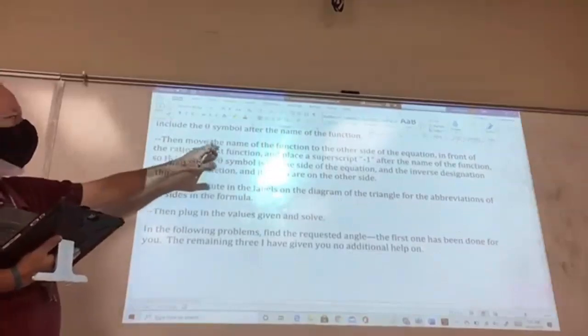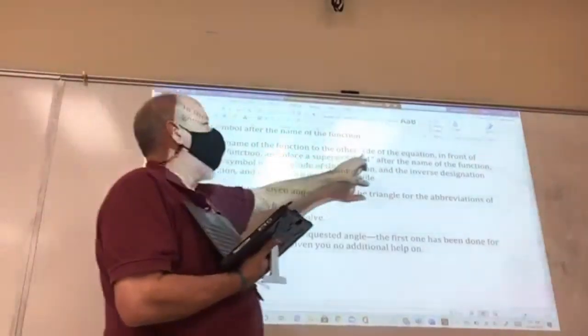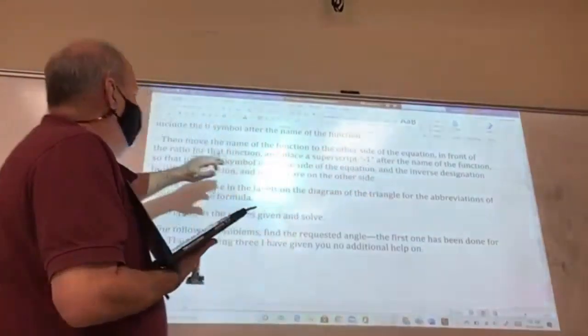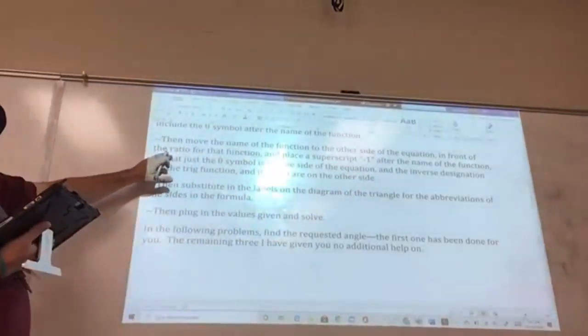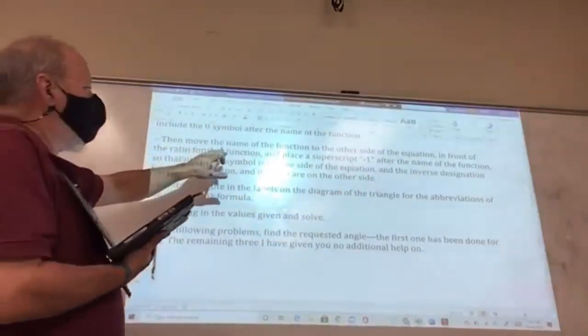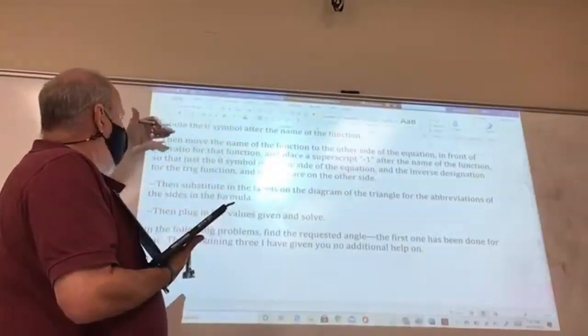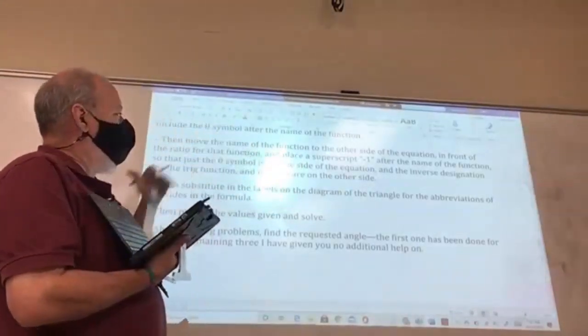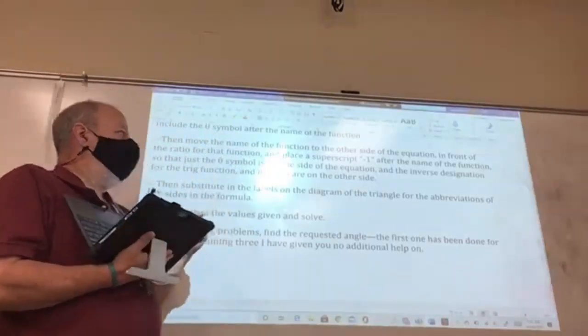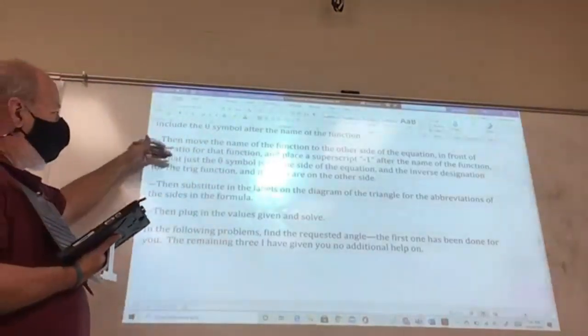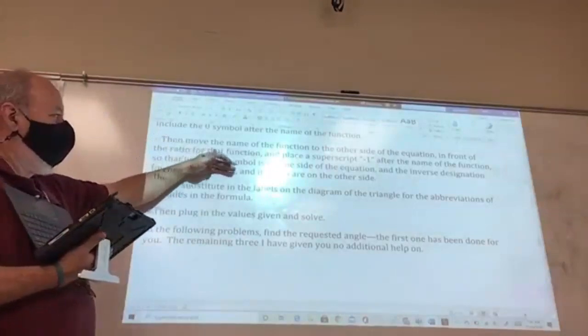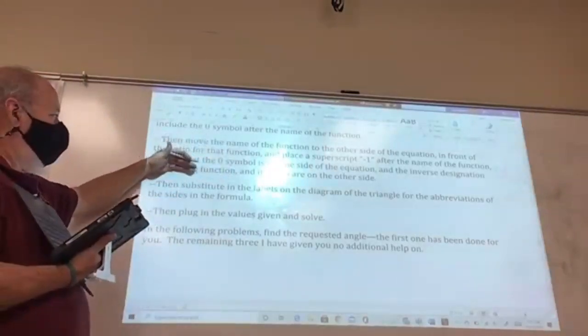Then you're going to move the name of the function to the other side of the equation in front of the ratio for that function and place a superscript -1 after the name of the function, so that just theta is on one side of the equation and the inverse designation for the trig function, its ratio, is on the other side.